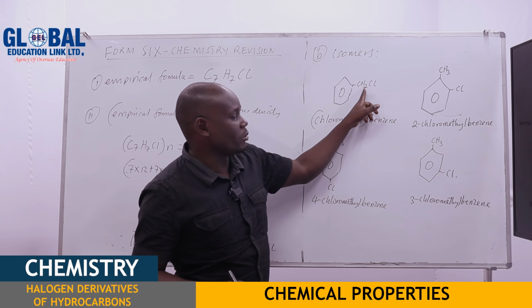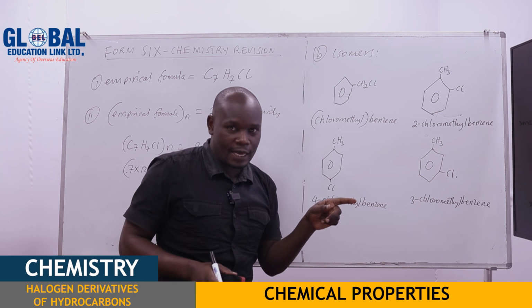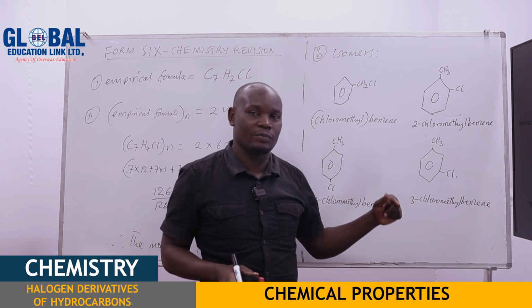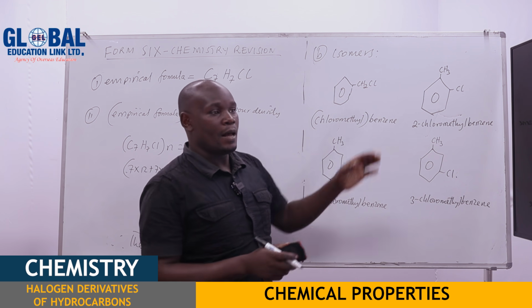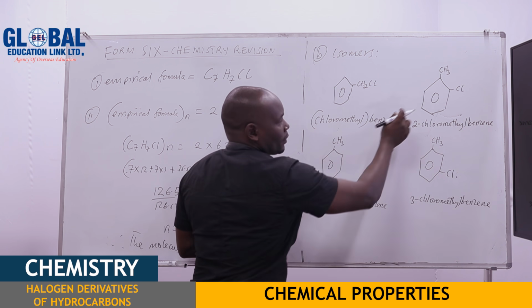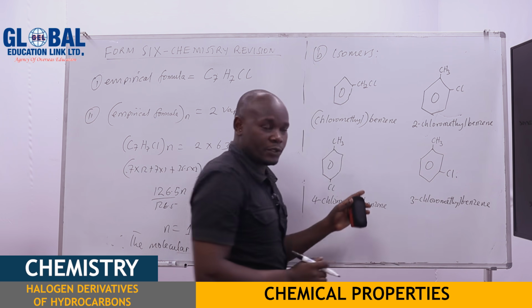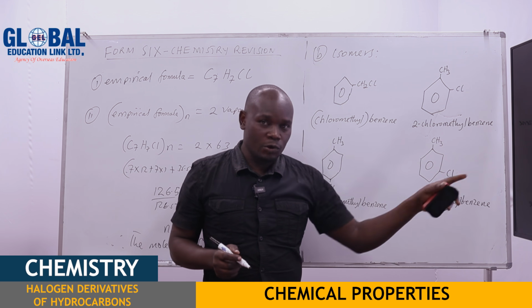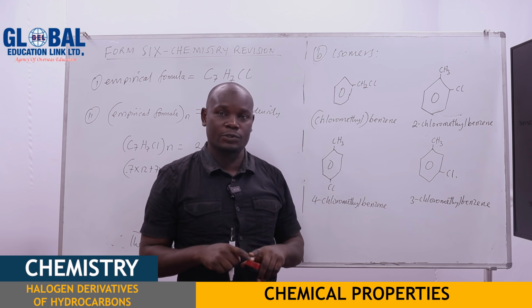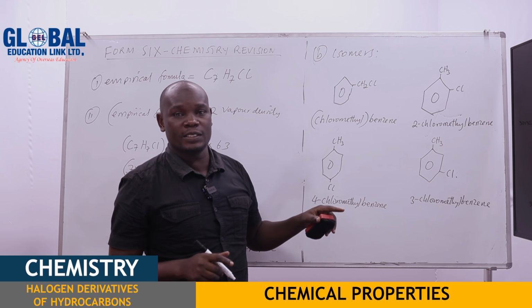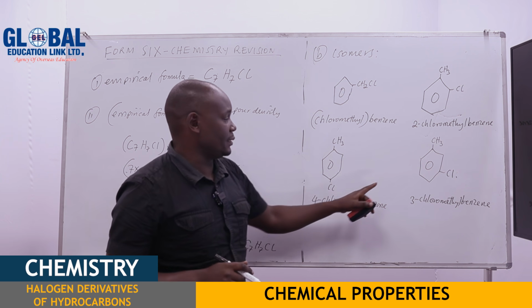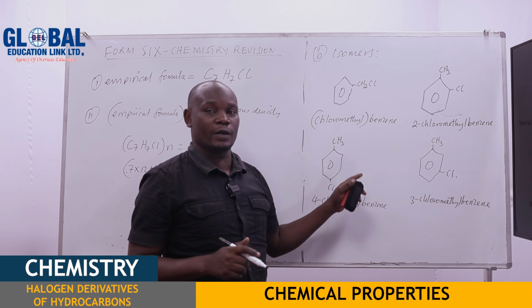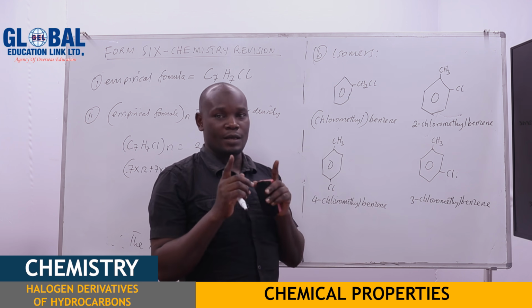So here is where the hydroxide ions that will be released by potassium hydroxide, which is our nucleophile, will now substitute the halogen here. But in the remaining isomers, the hydroxyl group is a nucleophile. So if it is a nucleophile, it means that it cannot react with the benzene ring, since the benzene ring is also a nucleophile. So nucleophile plus nucleophile, no reaction.